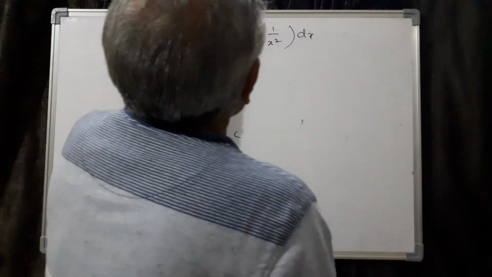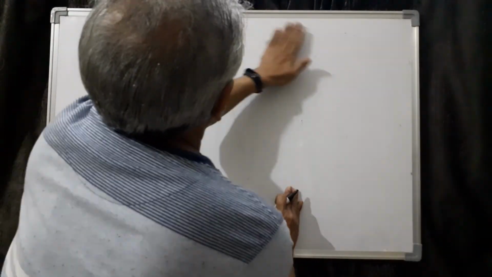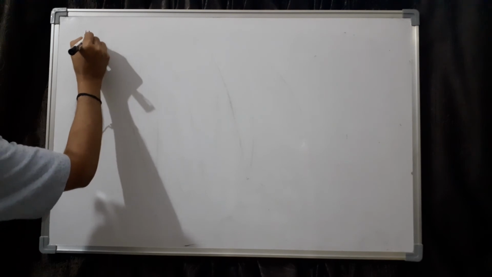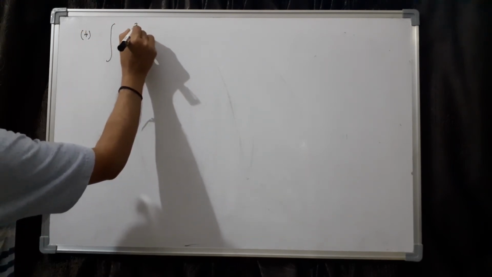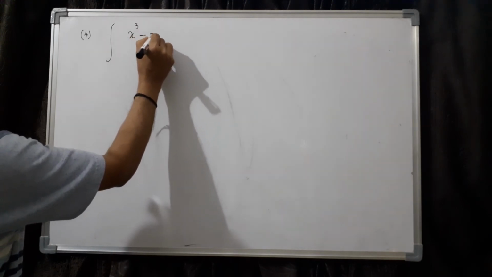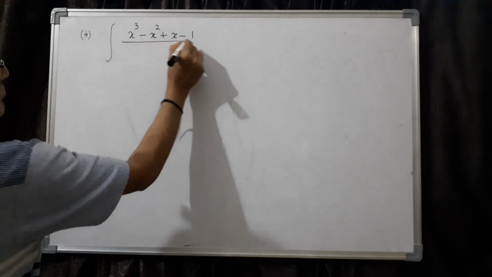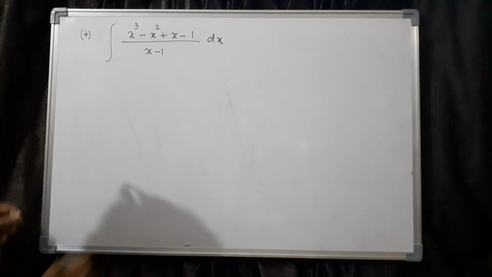Now let me take one more example and then conclude. See, fourth example is integration of (x cube minus x square plus x minus 1) by (x minus 1) dx.